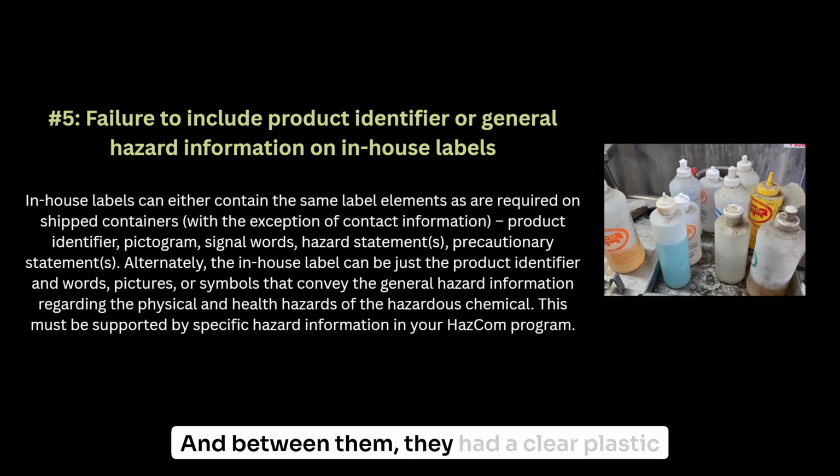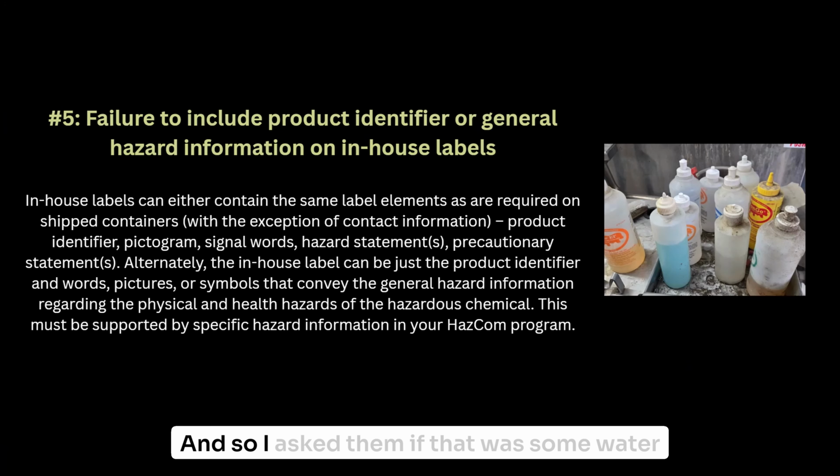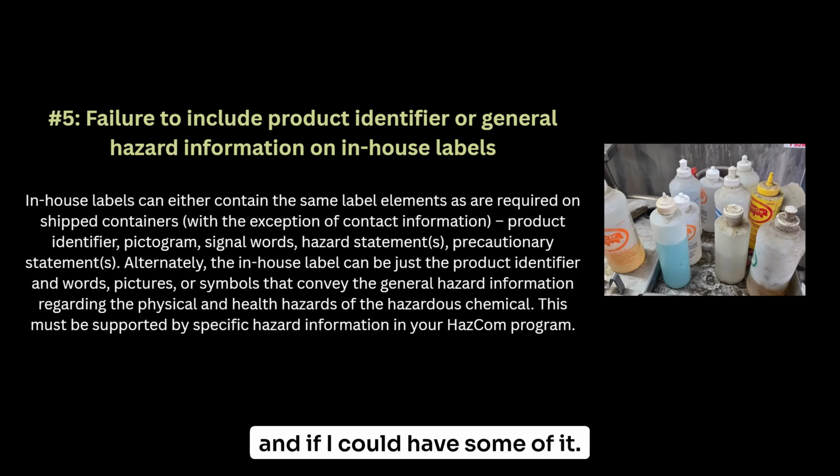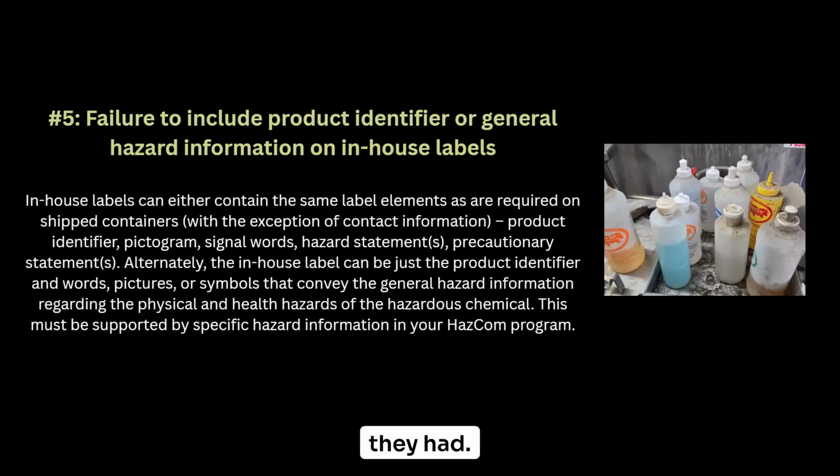And between them, they had a clear plastic cup that had a clear liquid in it. And so I asked them if that was some water and if I could have some of it. And they both told me that if I tried to drink that, I'd probably die because it was actually some type of chemical mixture that they had.